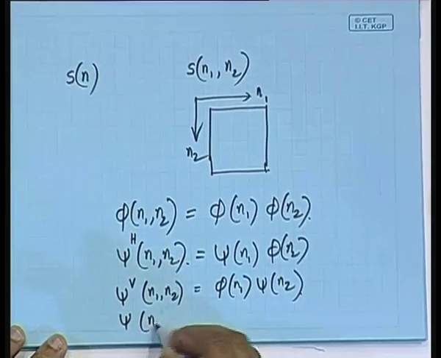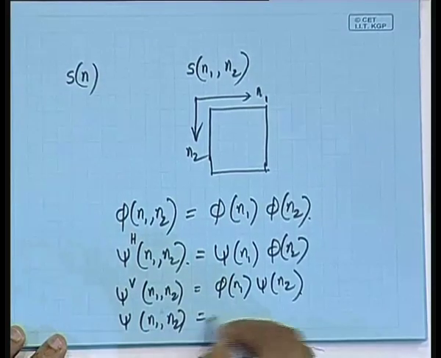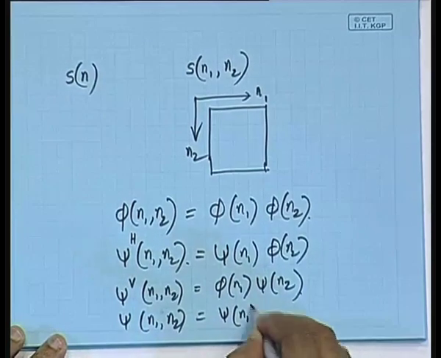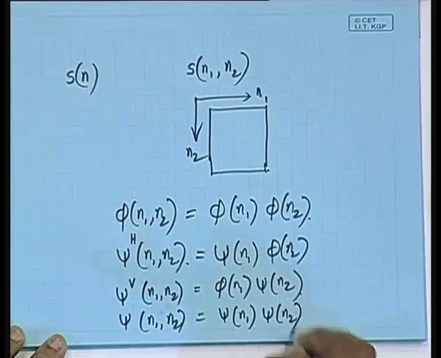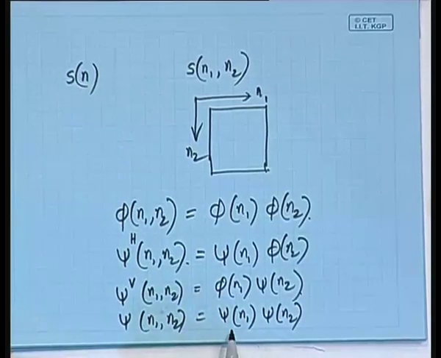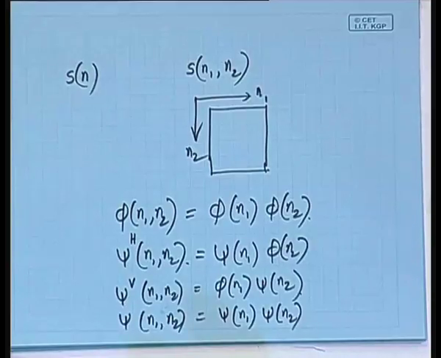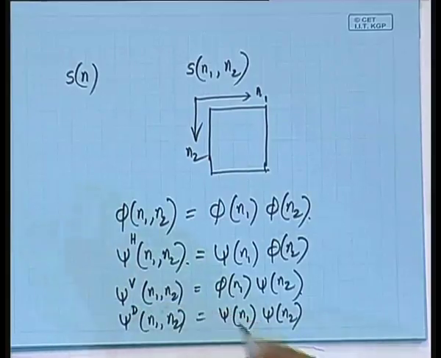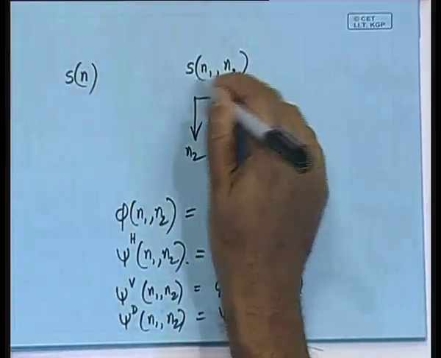So, psi n1 n2 I can write as a product of psi n1 psi n2. What is the physical significance of the product of psi n1 and psi n2? It is high pass filtered in both the horizontal and vertical directions. So, in the diagonal direction also it is having a high pass filtering. So, we call this psi diagonal.